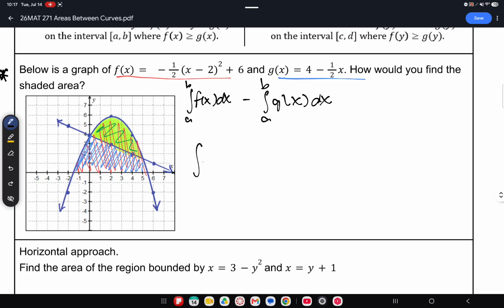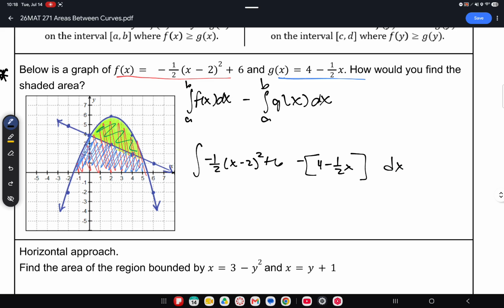And I can say, all right, big chunk is f of x, negative 1/2 (x minus 2) squared plus 6. And then I want to subtract off the other function. So 4 minus 1/2 x, right? And then dx.